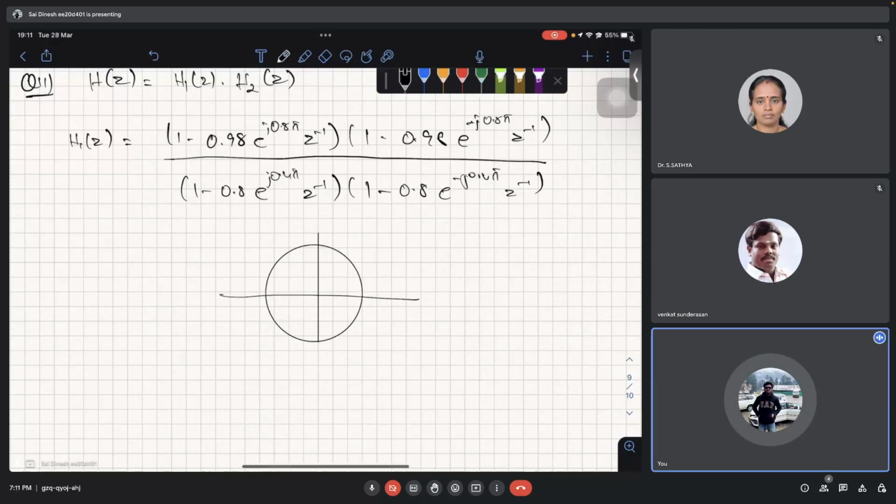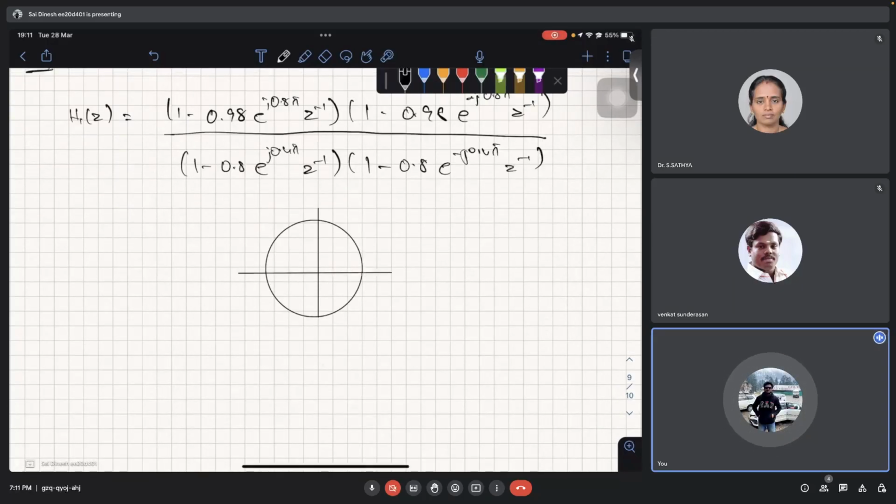At angle 0.4 pi and magnitude 0.8 we have two poles, and 0.4 pi will be something like here, and then 0.8 pi will be somewhere around here, where there are two zeros and two poles. So this is how the Z transform plot of this system is.